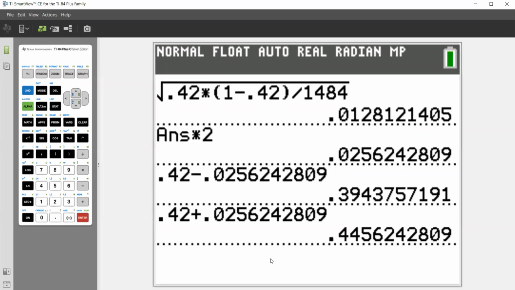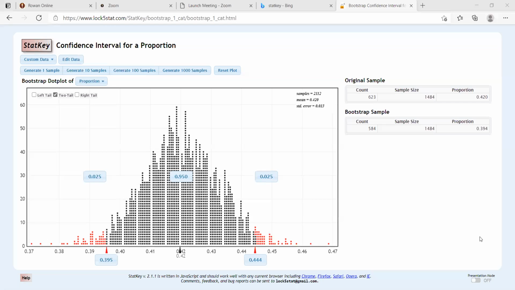Now let's look at StatKey through the so-called resampling method that we just talked about. Go back to StatKey and look at the answer. Boy, that's close, isn't it? That's so close. 0.395 to 0.444. Actually, this right endpoint is very close to what we got through the traditional method.